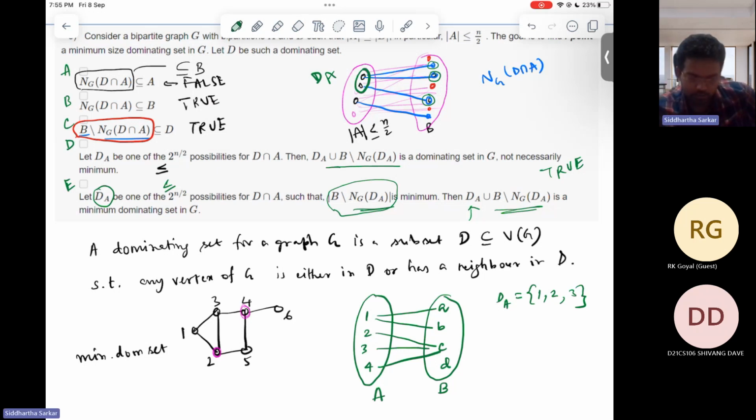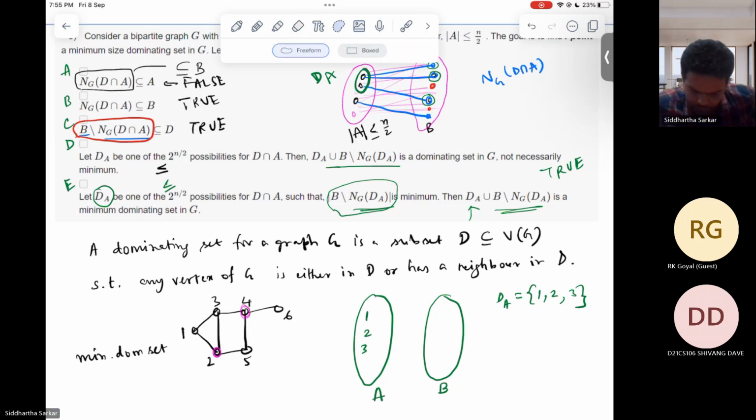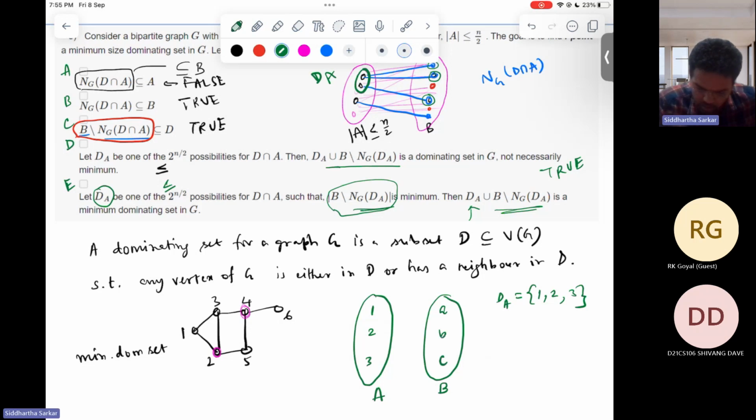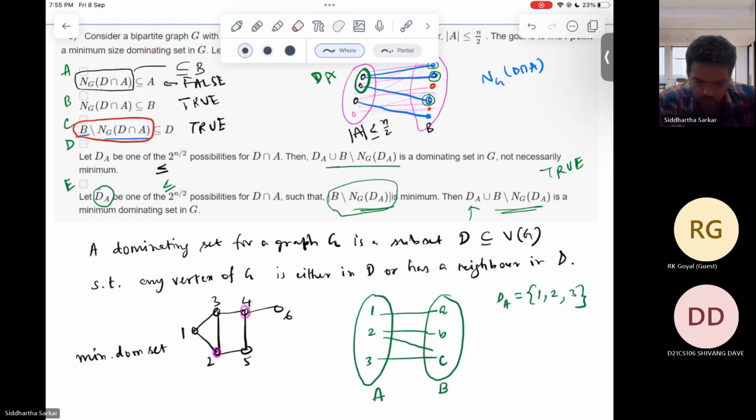Oh, we can make it 2, 3, right? How about this? So 1, 2, 3. This should work. So yes, now this will work.